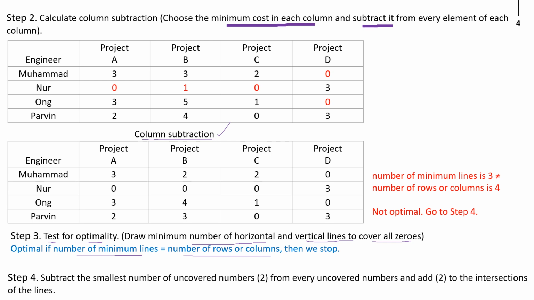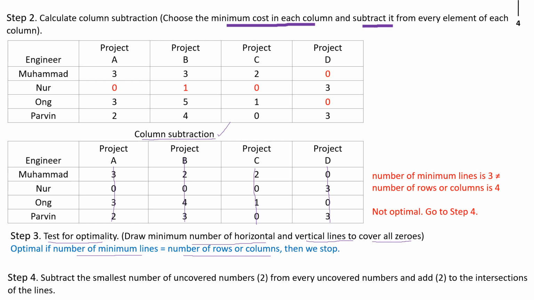Okay, now I'm drawing lines to cover all the zeros. First line, second line, third line, and fourth line. This is all the lines actually. I have 4 lines and it is not the minimum number of lines.